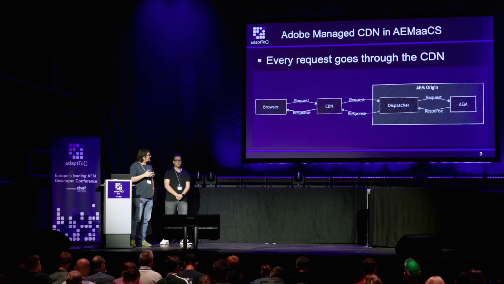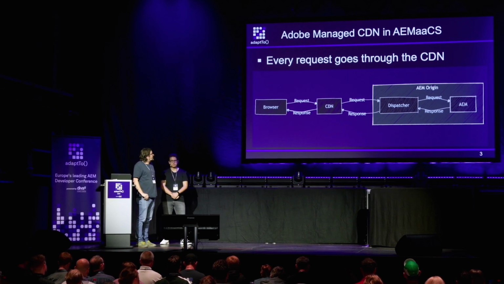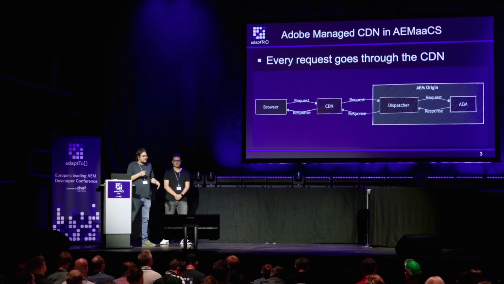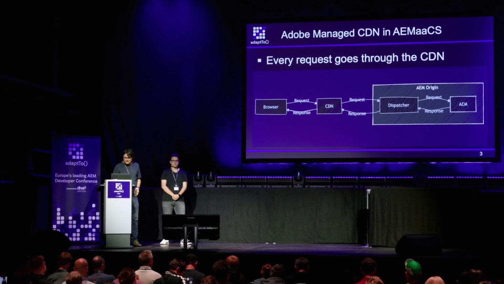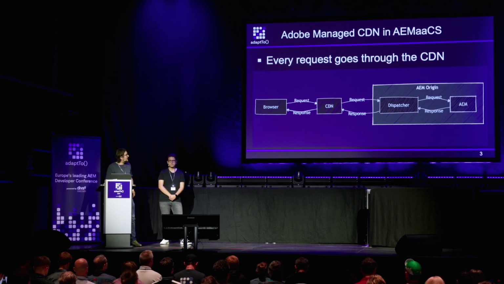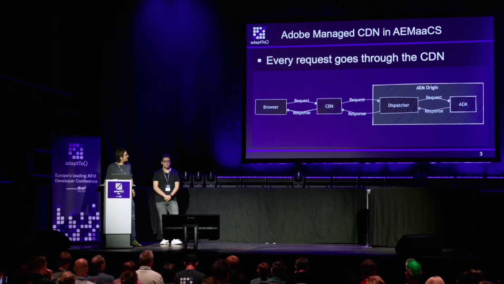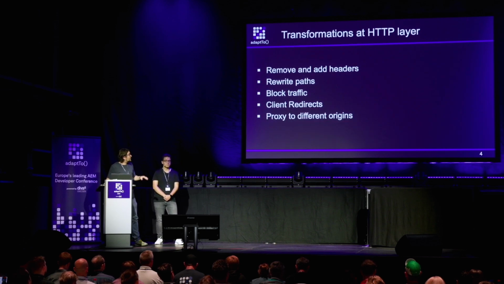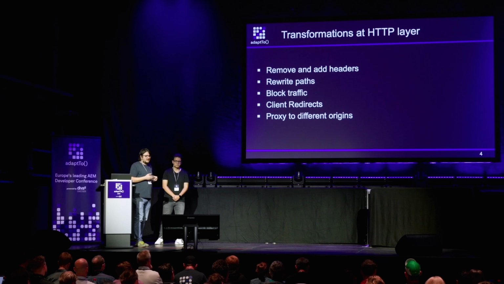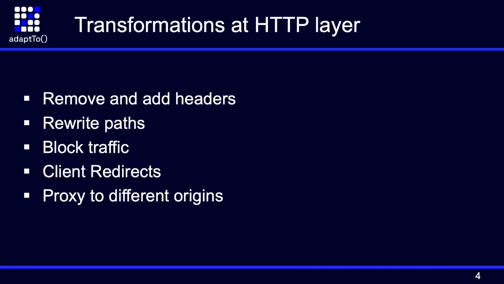Now, the CDN since the AEM Cloud Service launched was not really configurable. There were only a few aspects that you could configure: the custom domains and the IP allow lists, but there are a lot more things that can be configured in the CDN, like manipulating headers, rewriting the paths, writing WAF rules, blocking traffic.